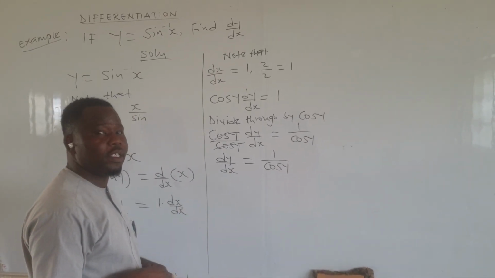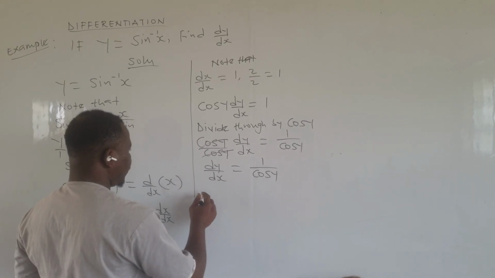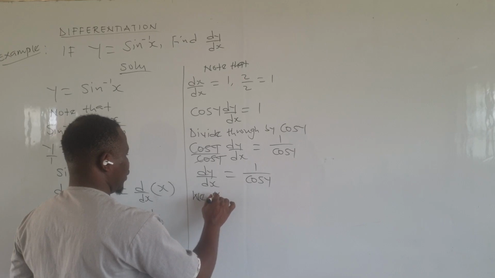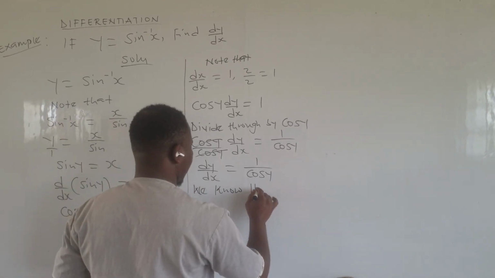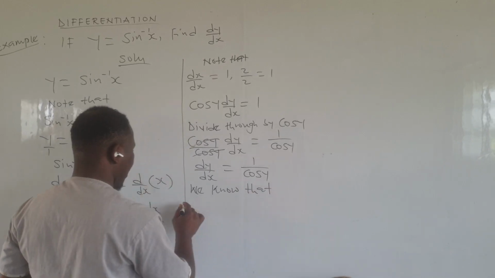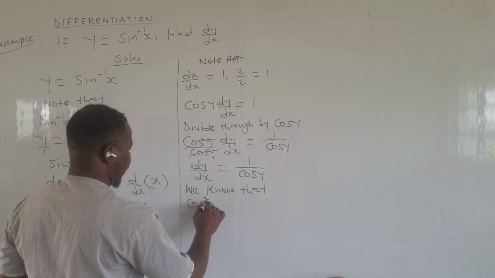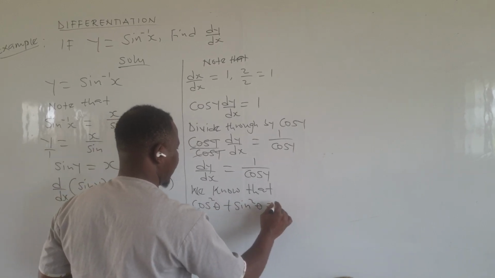We will not stop here. Go back to your trig. At this point you introduce this, we know that cos squared theta plus sine squared theta is equal to 1.